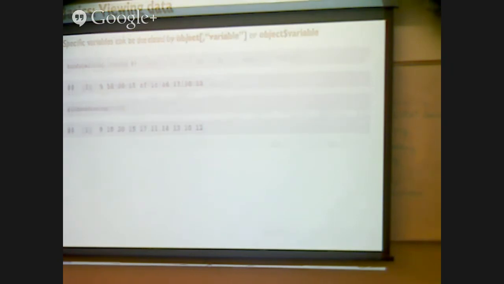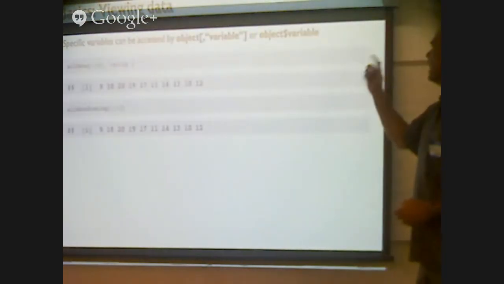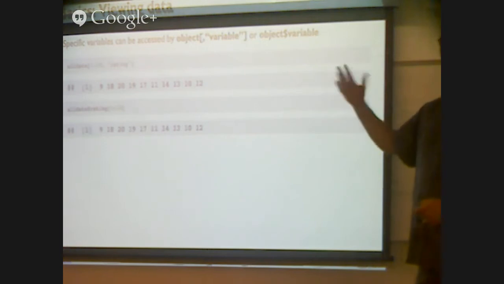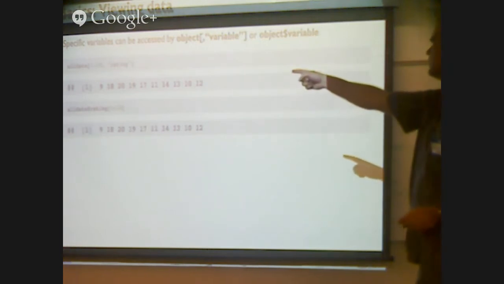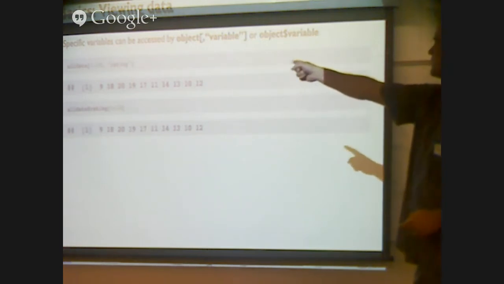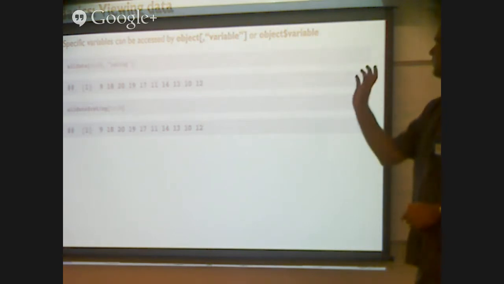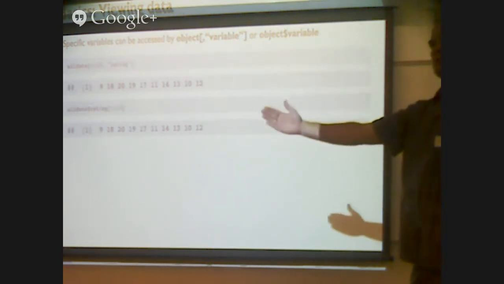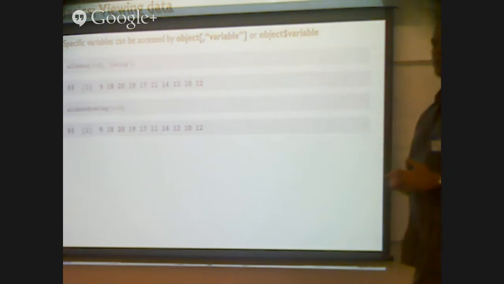Another useful tool is, well, actually, before I get into that, you can get at specific variables in 2 ways. If I want to look at the overall rating, I just want to look at that variable. I'm going to print out the first 10 elements of rating by going all data, rows 1 through 10, and which column.